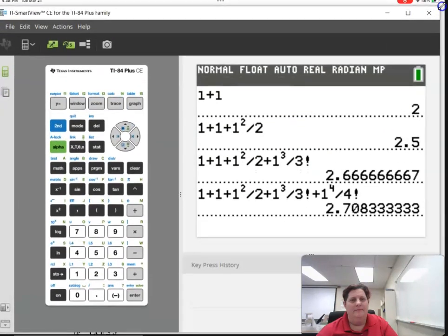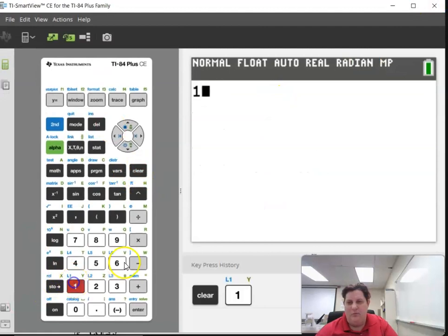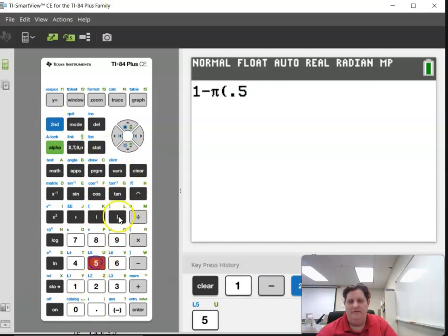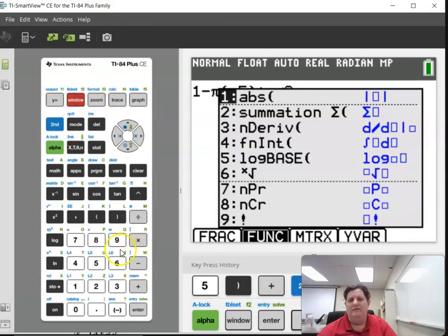All right. Okay. So I can just go ahead and type in 1 minus pi times 0.5 plus pi over 2 factorial. Oh shoot, I hit absolute value, dang it. 2 factorial.